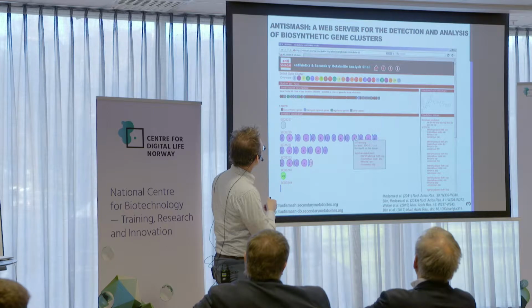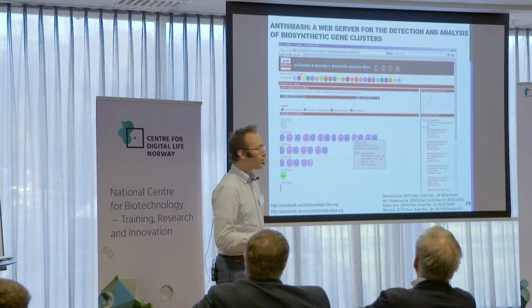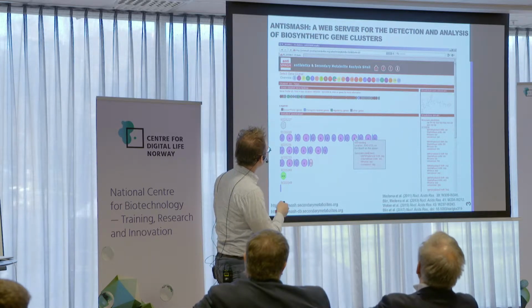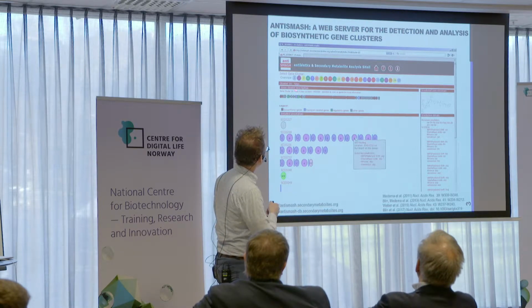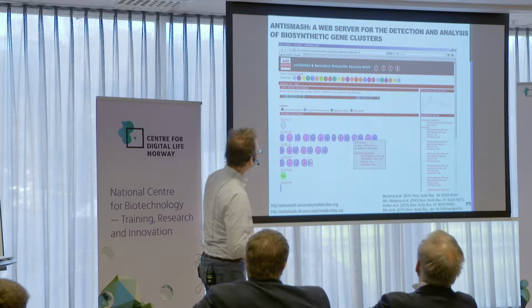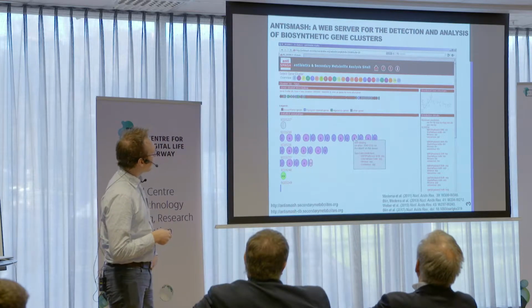So here's an example output of Streptomyces coelicolor, the model actinomycete. You see here 25 gene clusters being identified by antiSMASH. Cluster 10 is currently selected. You'll see the genes here that in this case encode an NRPS, non-ribosomal peptide synthetase biosynthetic pathway.